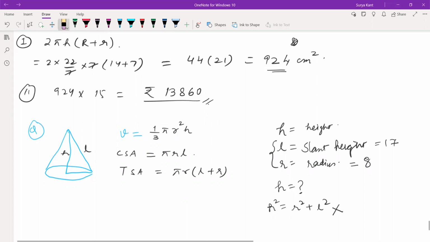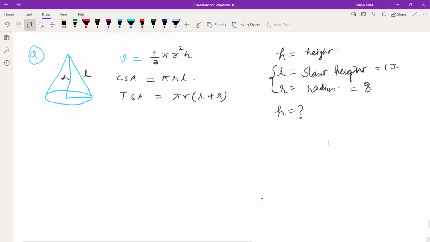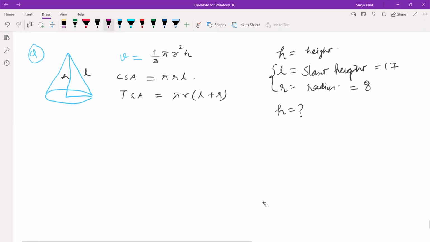Think once again. If you know Pythagoras theorem, which is the longest side? See, this is your triangle, right? This is your height, this is your L, slant height, and this is radius. So what is the Pythagoras theorem?